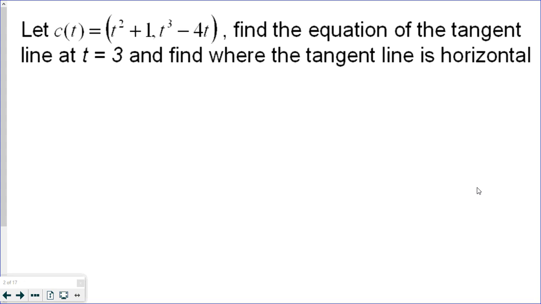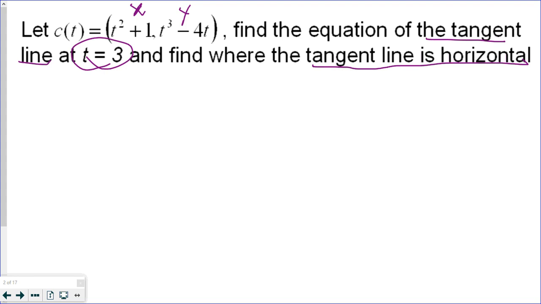It says, let c of t equal t squared plus 1 and t cubed minus 4t. This is a form of parametrics, telling you your x equation and your y equation. It says find the equation of the tangent line at t equals 3, and then where the tangent line is horizontal.